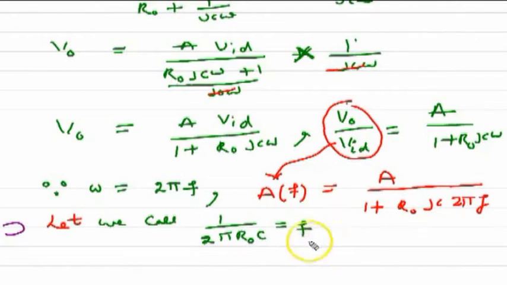Actually, it is a mistake. We are calling 1 over 2 pi R naught C as F naught. Now 2 pi R naught C becomes equal to 1 upon F naught.